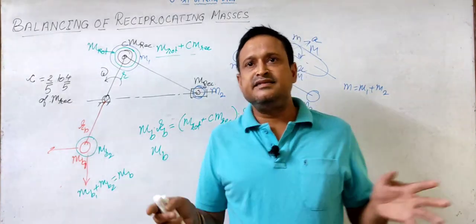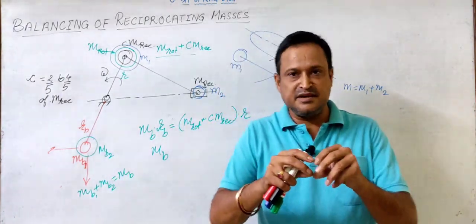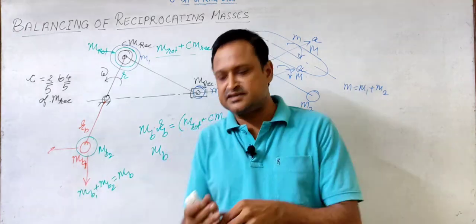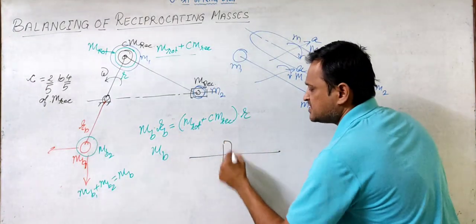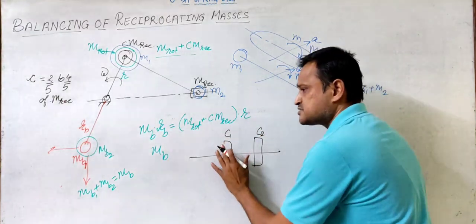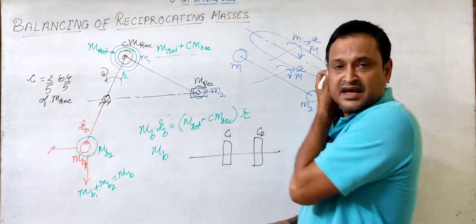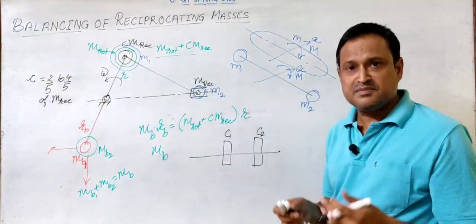Now when these masses are distributed on a shaft, it will be having the same crankshaft. So say this is cylinder 1 and this is cylinder 2, which is having reciprocating masses 1 and 2, right? And we are treating it this way, and then we can find out the balancing mass.